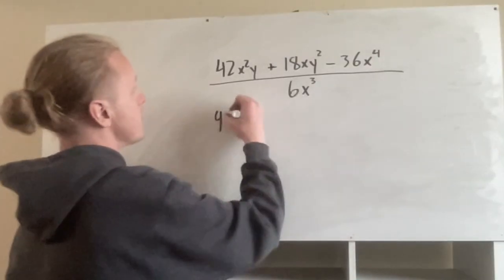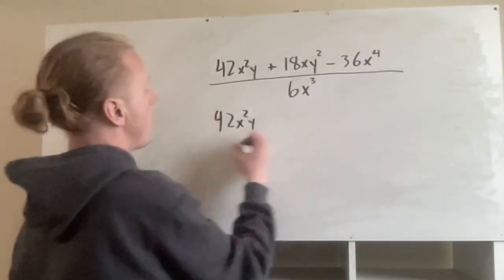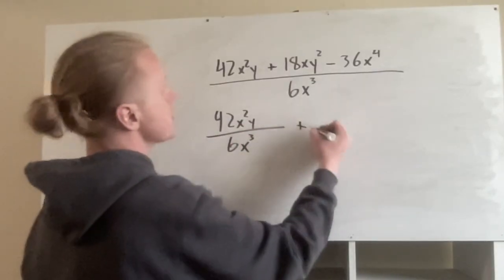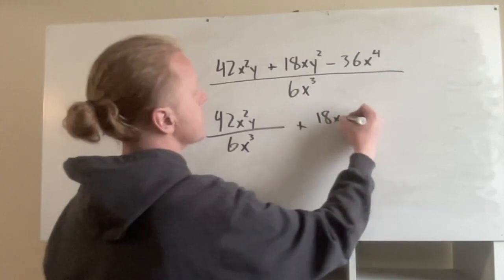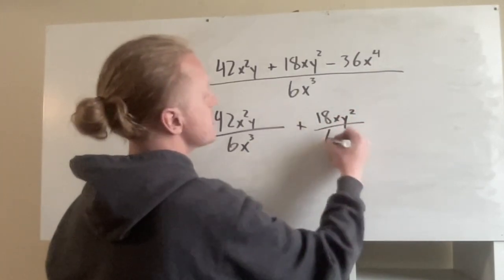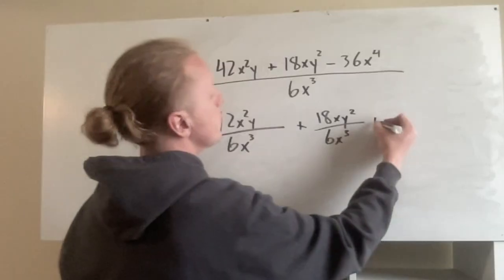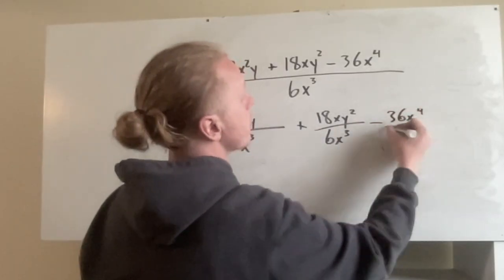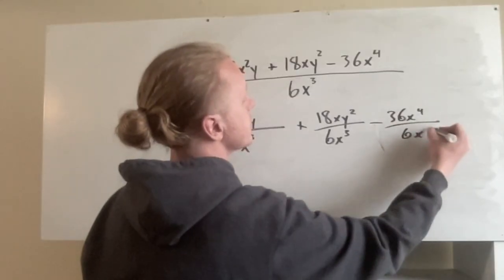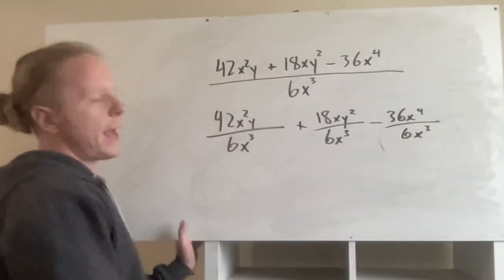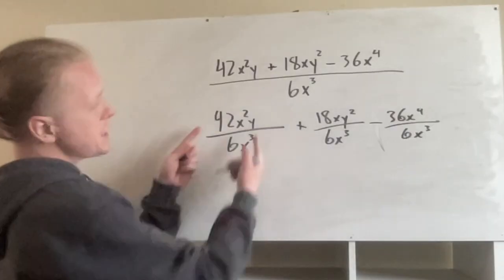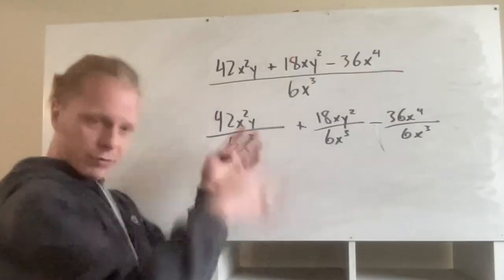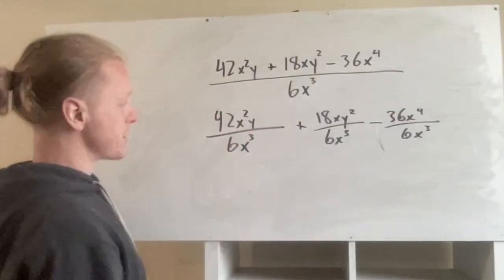So I can break this into 42x squared y over 6x to the third plus 18xy squared over 6x to the third minus 36x to the fourth over 6x to the third. Okay? And this can be helpful because now I just need to look at each fraction and see if I have anything that I can cancel out, right? Or can I reduce this fraction, simplify it down?